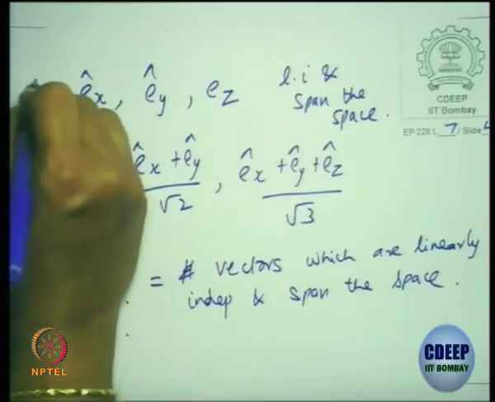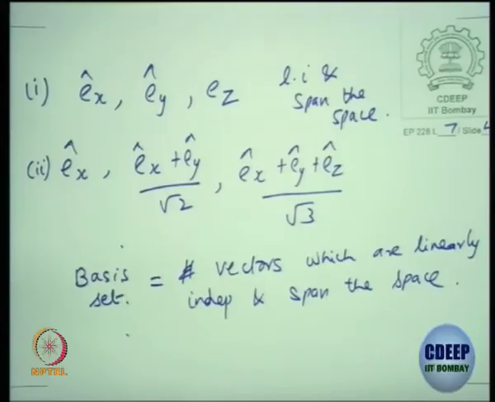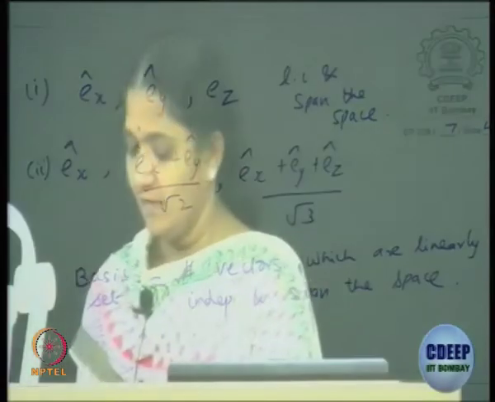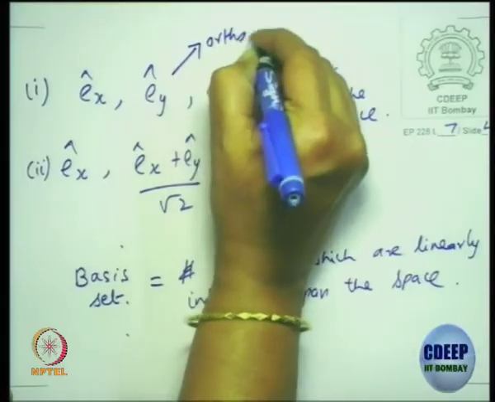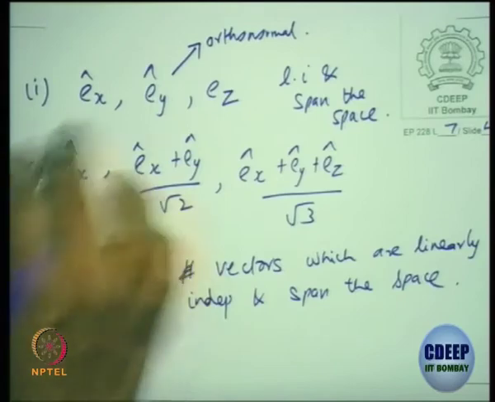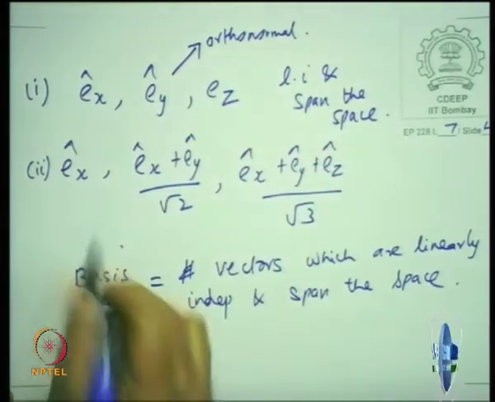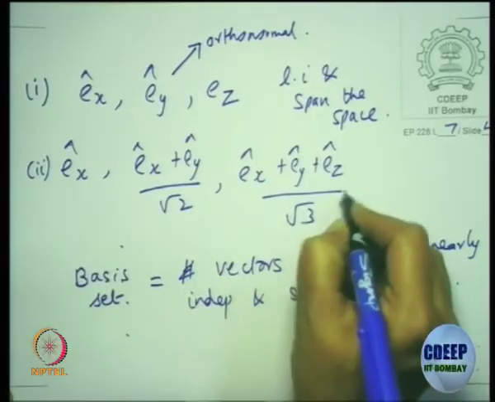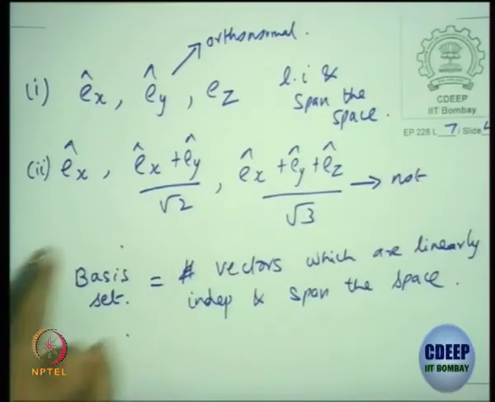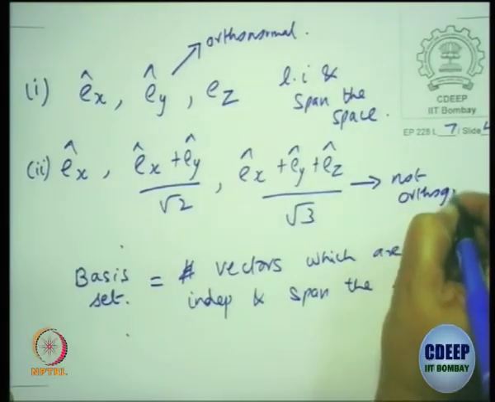So, this is one basis set, this is a second basis set, and what is the difference between basis set 1 and basis set 2? This one is orthogonal, the basis vectors in the set are orthogonal, whereas this one is still a valid basis set but not orthogonal.